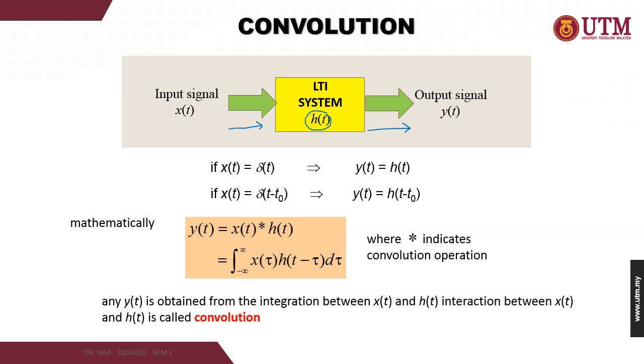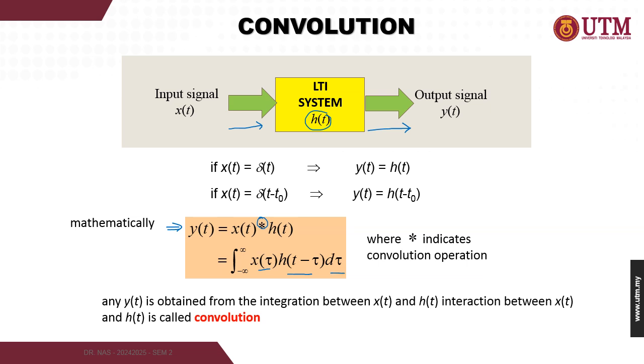In this case, your output signal is mathematically expressed as y(t) equals x(t) convolved with h(t), which can be represented as the integration of x(tau) h(t minus tau) d tau.